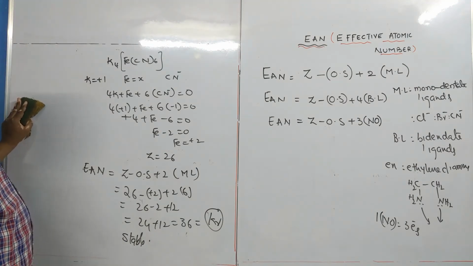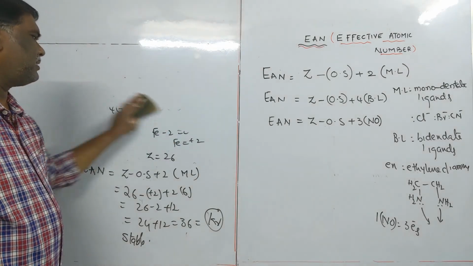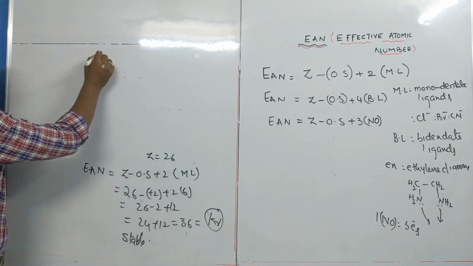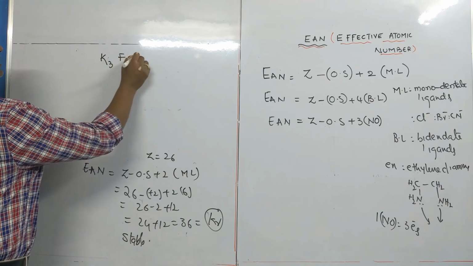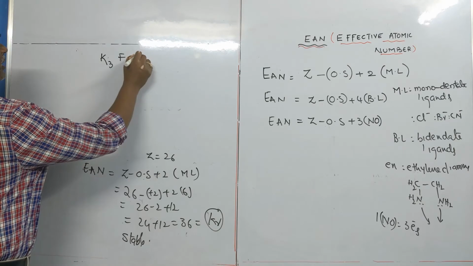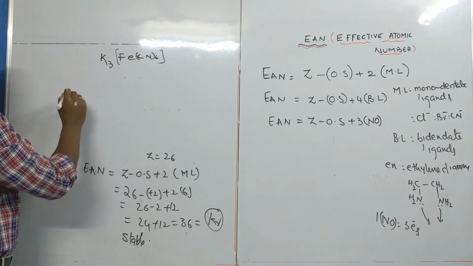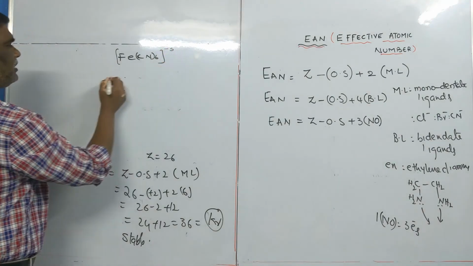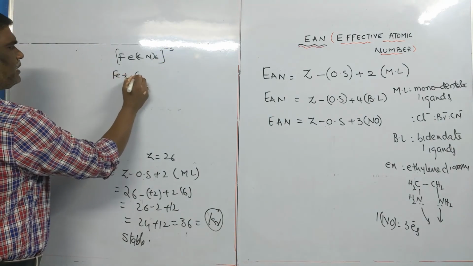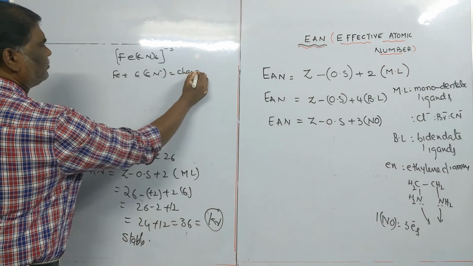The next time we are going to discuss the effective atomic number of K3[Fe(CN)6]. Again you calculate the oxidation state, taking the complex charge as -3. So iron plus 6 CN minus is equal to the charge.